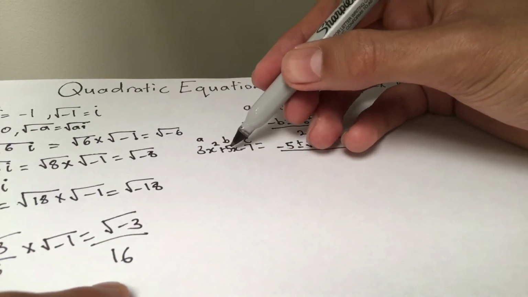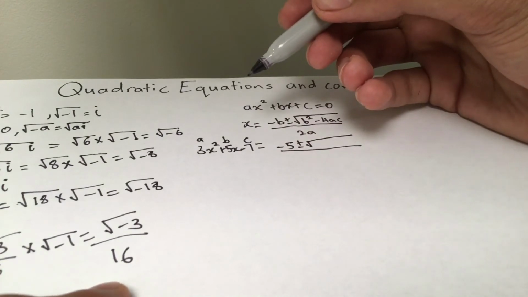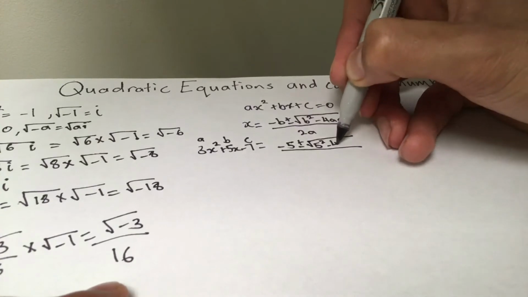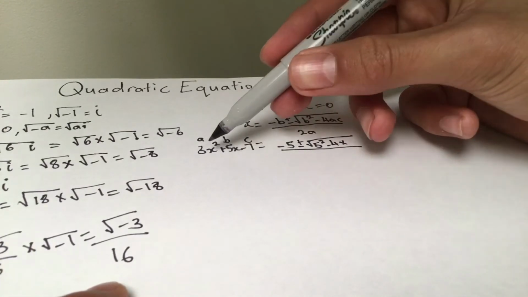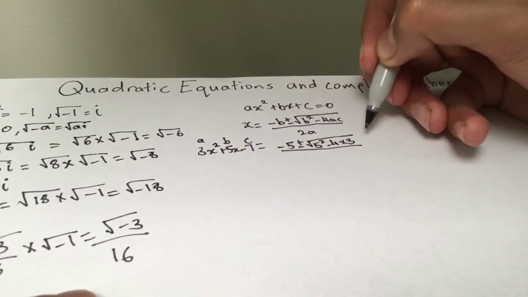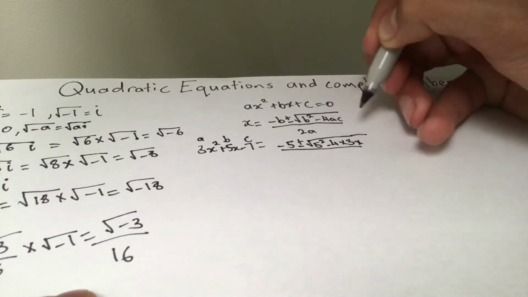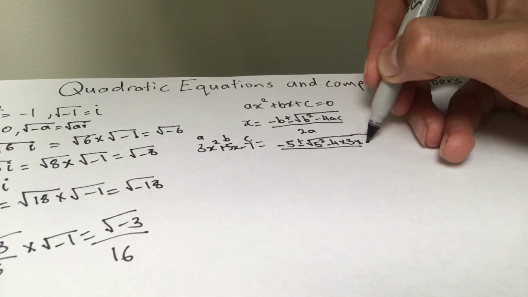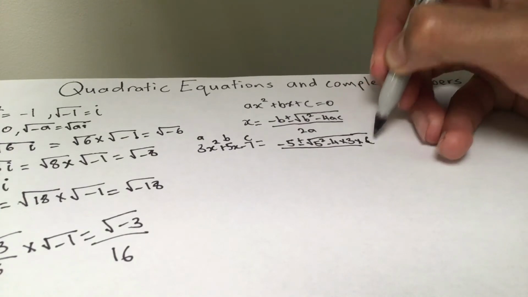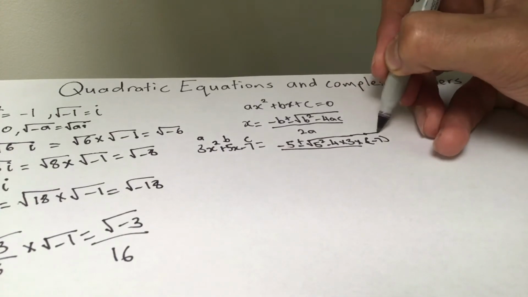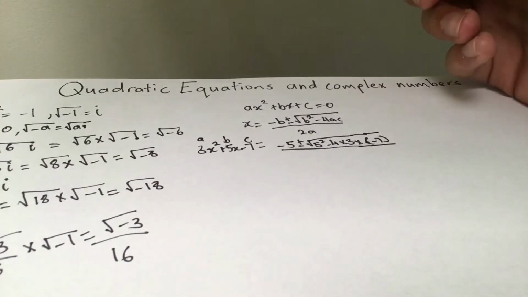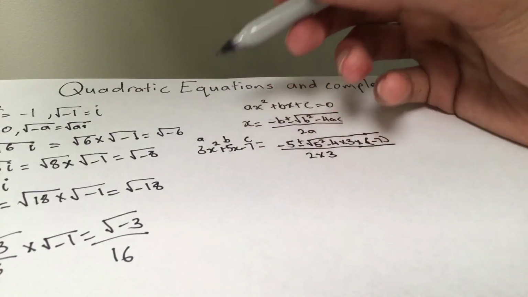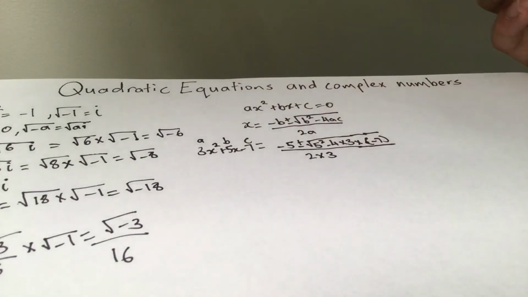Here 5 is b, so it will be 5 squared minus 4 times a, which is 3, and then times c, which is -7. And then 2 times 3, because a is 3.